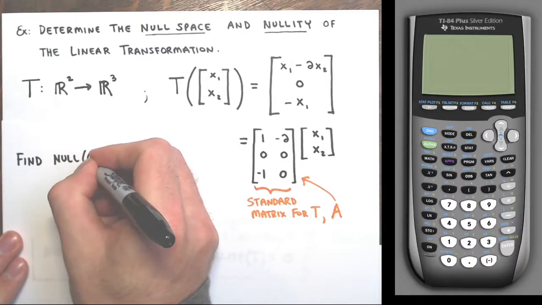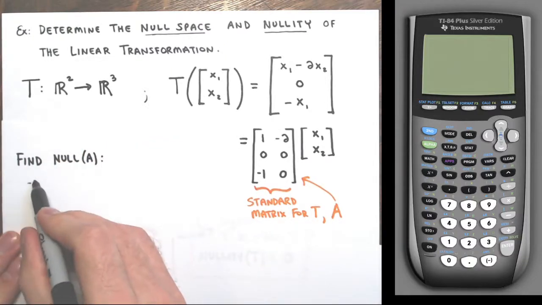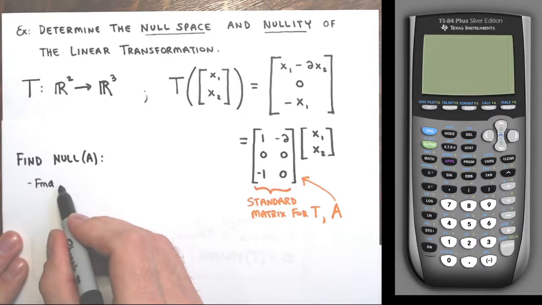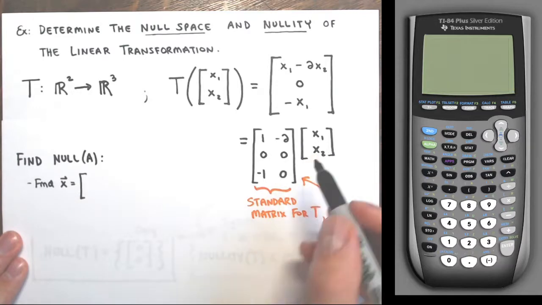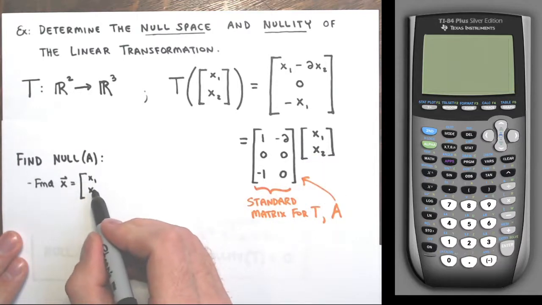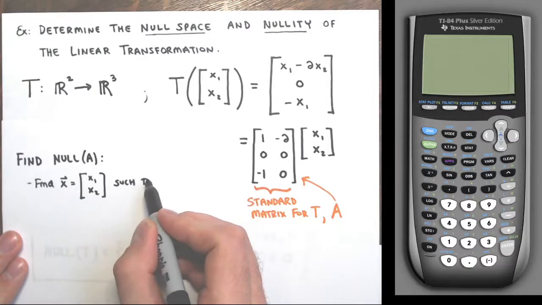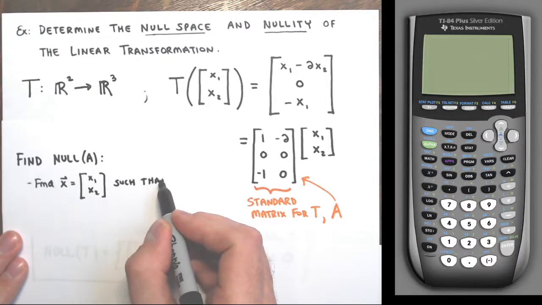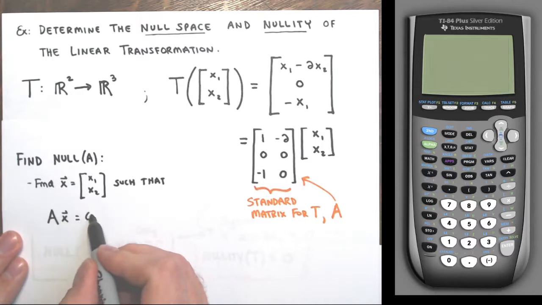So say I want to find the null space of A. That means we're trying to find vectors x = (x1, x2) such that multiplying A by that vector will give me the 0 vector. Remember, A times x equals 0. You're trying to solve this equation.